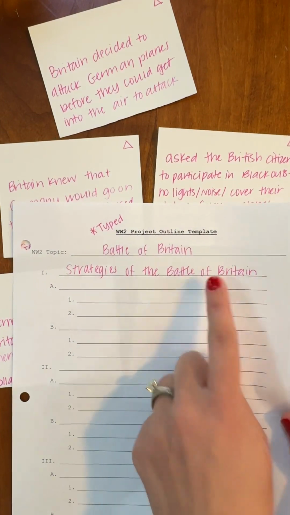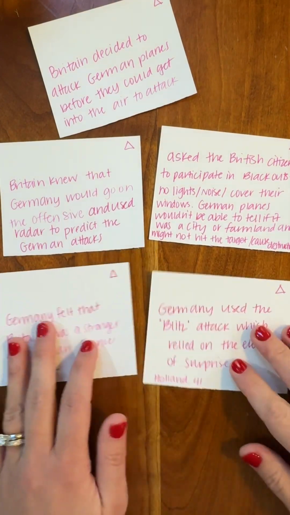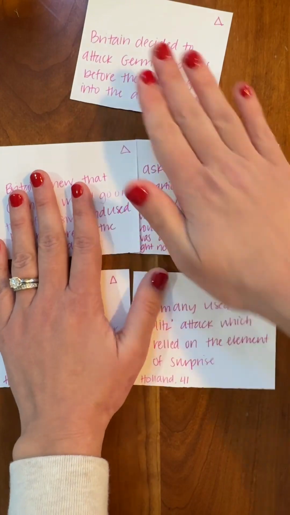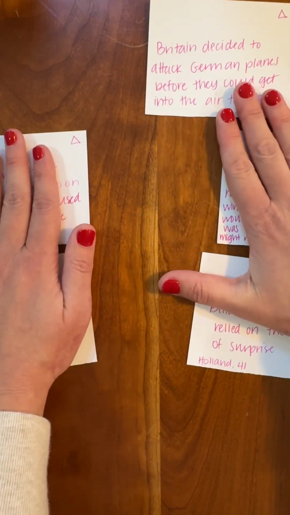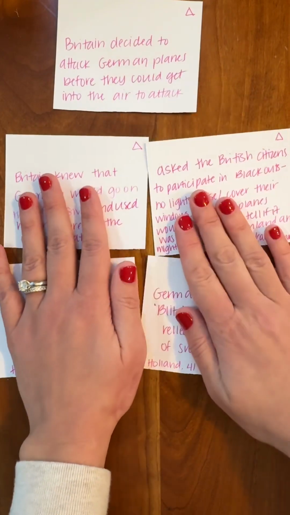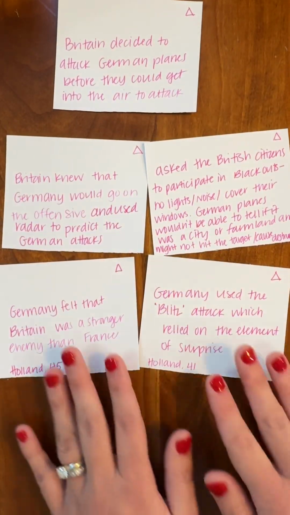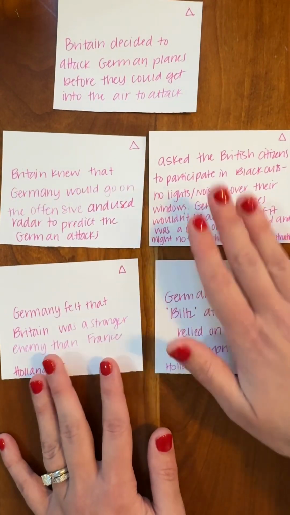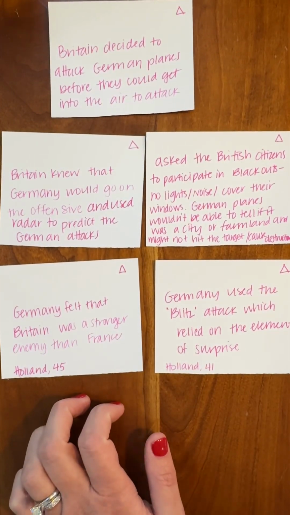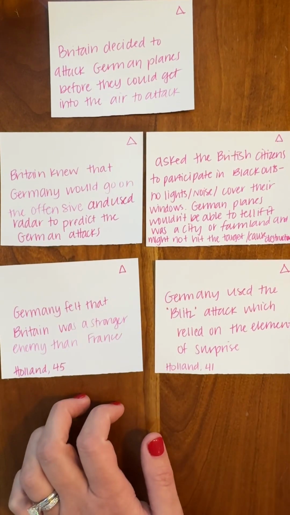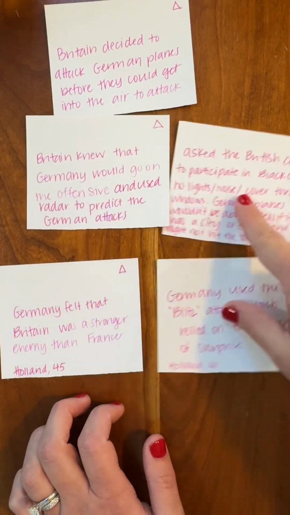With me so far? Okay, so what I'm going to do is read over these facts and see if there's a way that I can divide them into 2 sections. See if there's a natural break in doing 2, okay? So let's think. Britain decided to attack German planes before they could get into the air to actually attack. Britain knew that Germany would go on the offensive and they used radar to predict the German attacks.